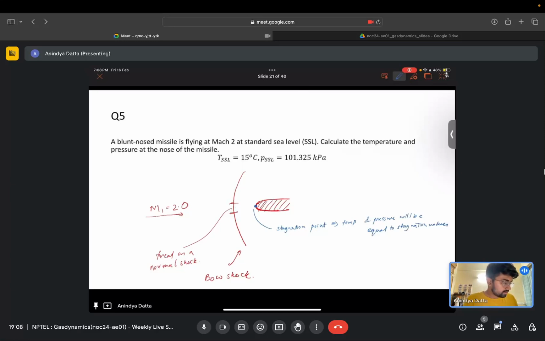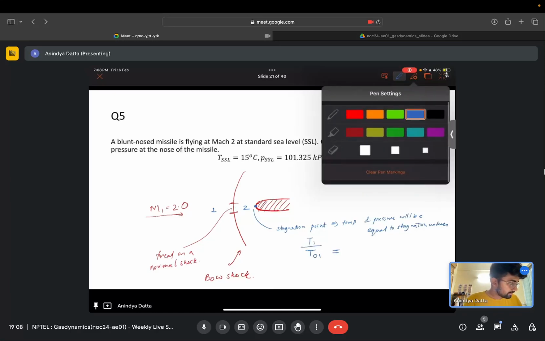So this is 1 and this is 2. First we compute T01.